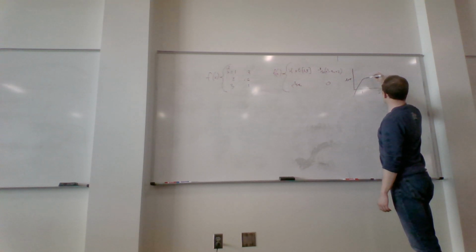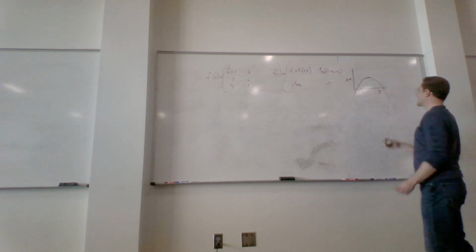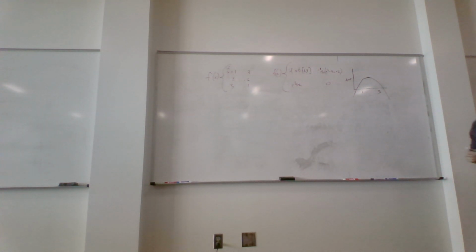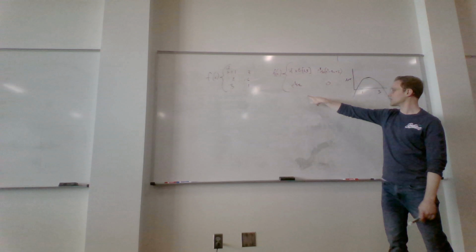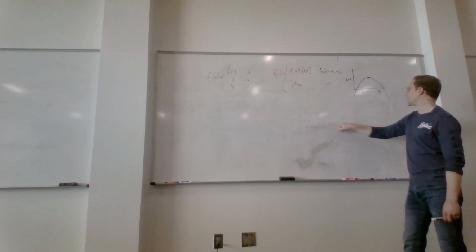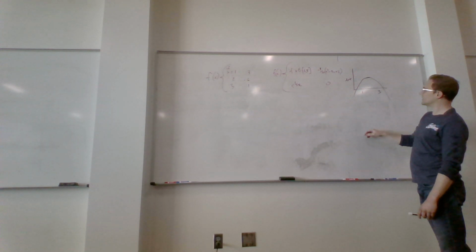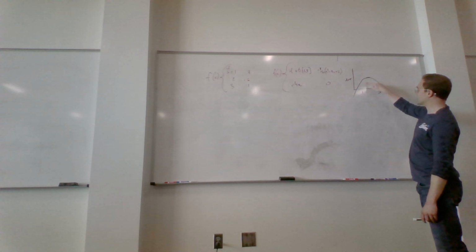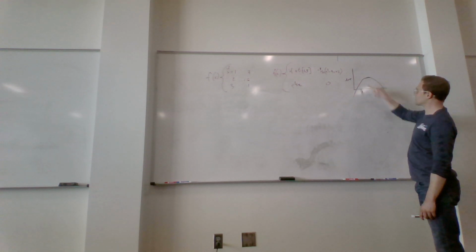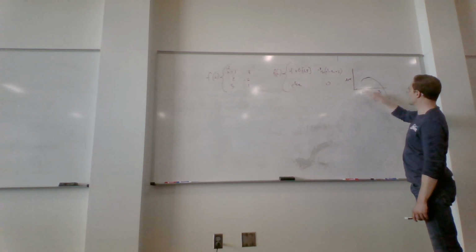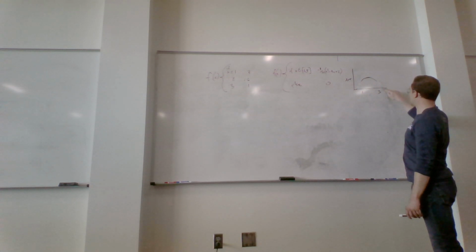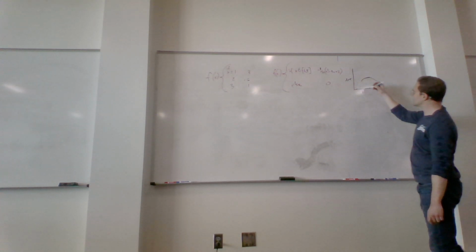So if I graphed this, I would have something that looks kind of like that. Is this the same thing as this? No. Why? I didn't get my bounds from 1 to 3. So in reality, it looks more like that. That's my PDF right there.